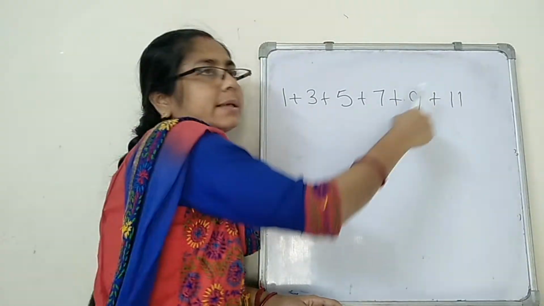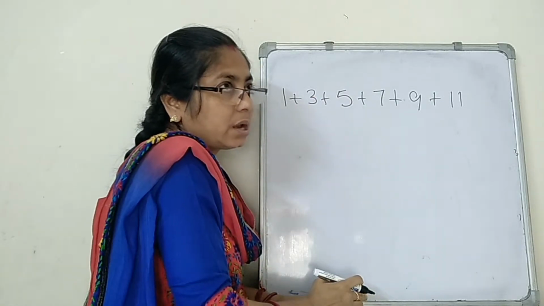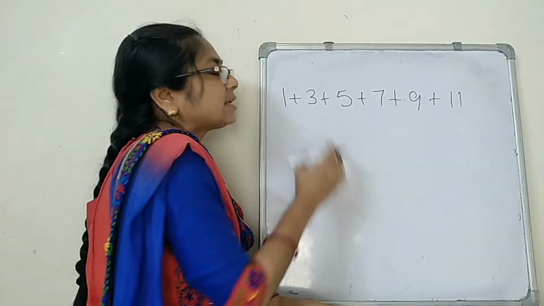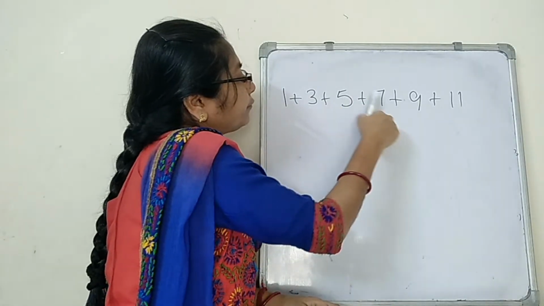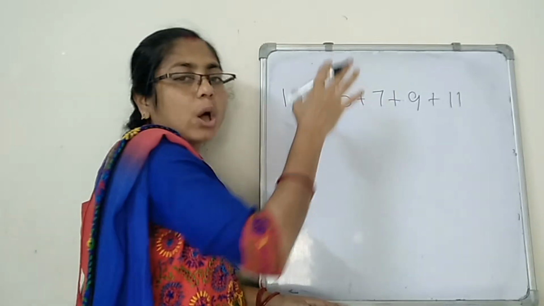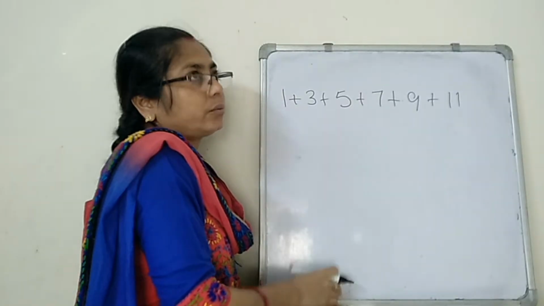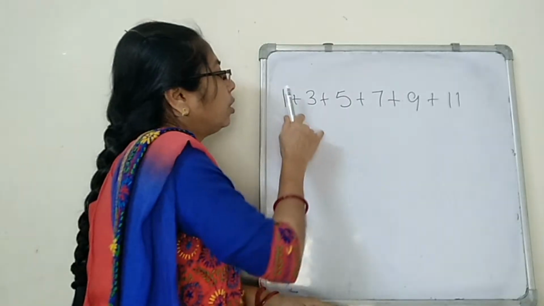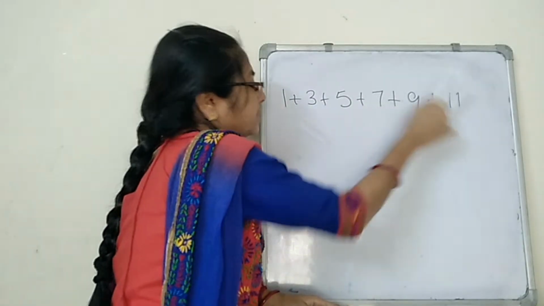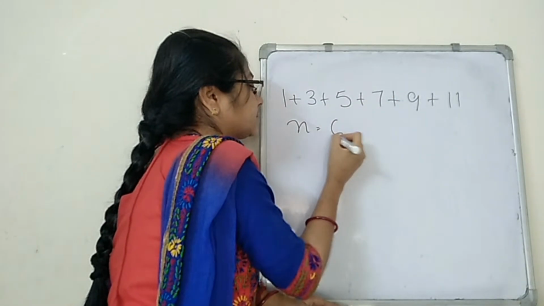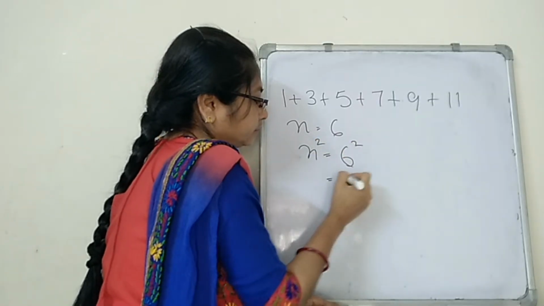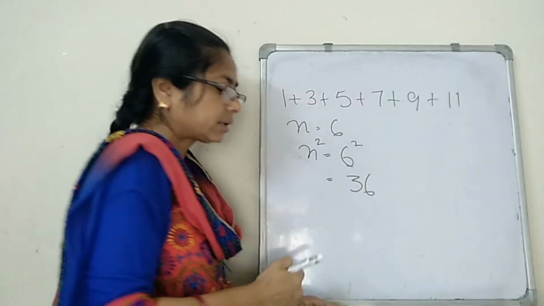Look, all these are odd numbers. All these are odd numbers and sequence numbers. First 1, 2, 3, 4, 5, 6, the first 6 odd numbers. You know what is the sum of these numbers? Without adding, how can you get it? N equal to 6. N square equal to 6 square. It is 36. Clear?